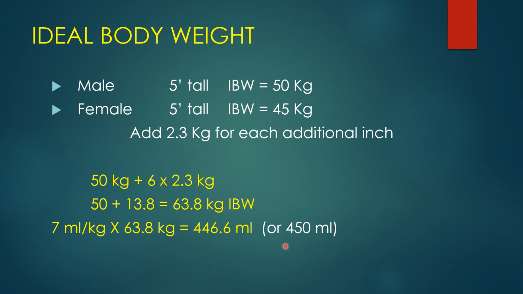Now, you should always be thinking of tidal volume in terms of mLs per kilogram. Sometimes the doctor will order a tidal volume of 500, and you need to calculate mLs per kilogram. Make sure that's not too big a breath or too small a breath. If the doctor orders 500 and that turns out to be 10 mLs per kilogram, we don't want that. We need to approach that doctor and explain that that's too big of a tidal volume.